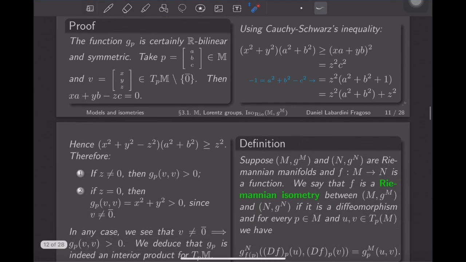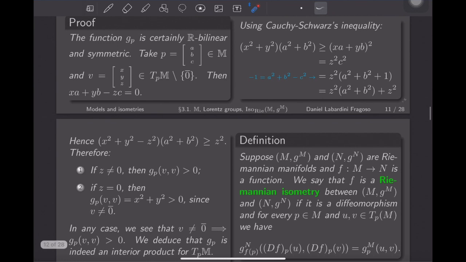So that's what I want to prove. My vector is this one, and I have two cases. If z is not 0, then this is positive, and I know this is positive, hence this has to be positive. But this is precisely V paired with V.